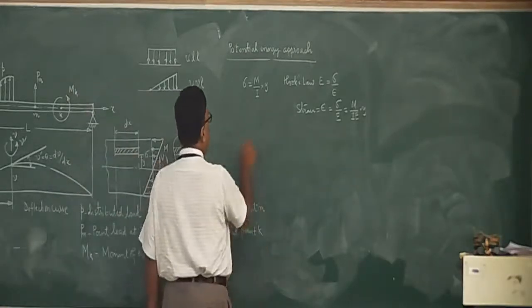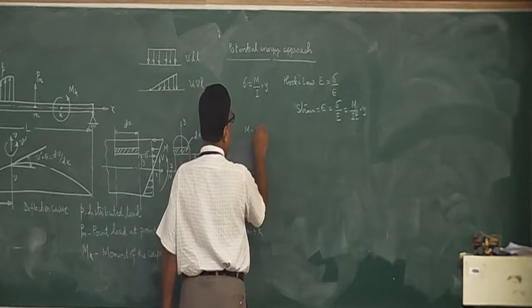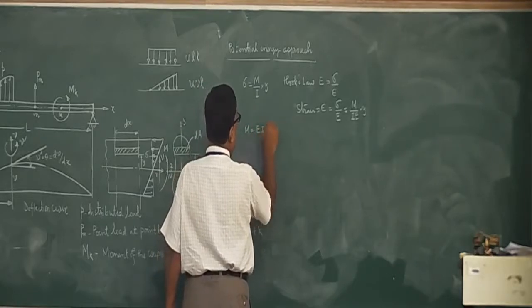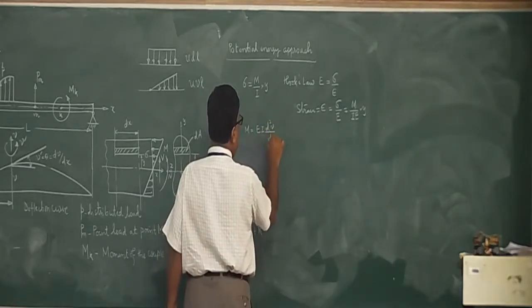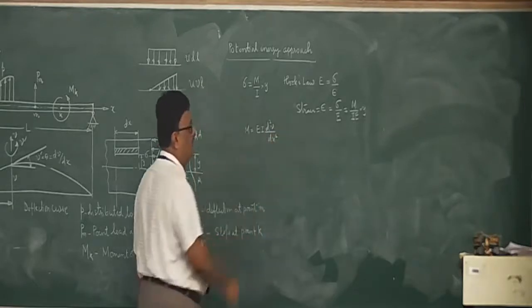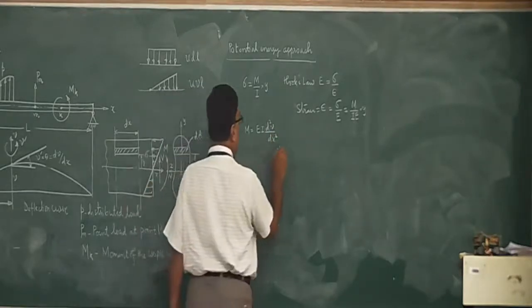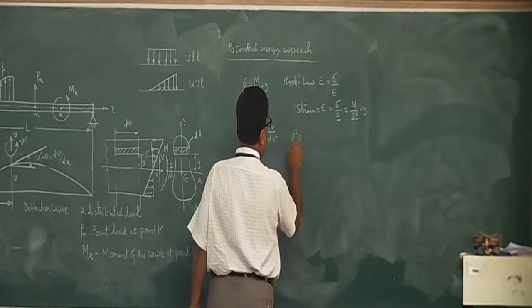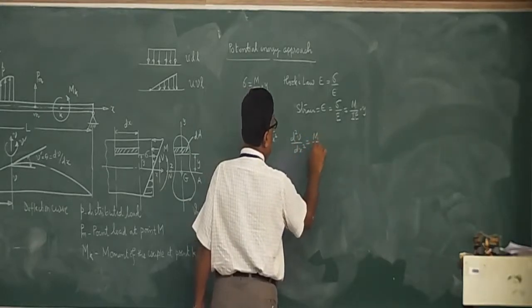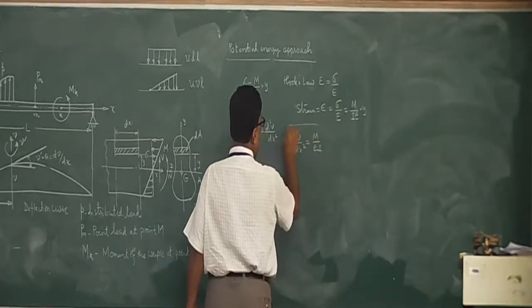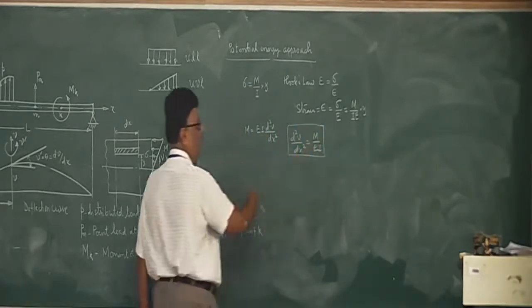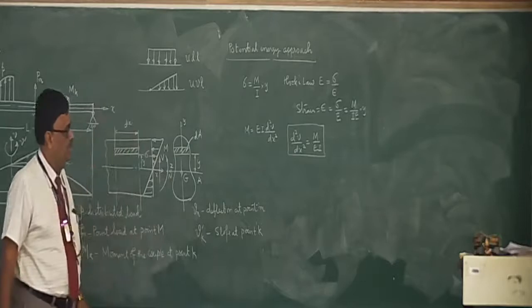So we also know that there is a relation, M equals EI into d square V by dx square. This is the equation for deflection, we are using this. So obviously if I want to find out d square V upon dx square, it is going to be straight away M by EI. This is the expression we are making use of in our future steps.